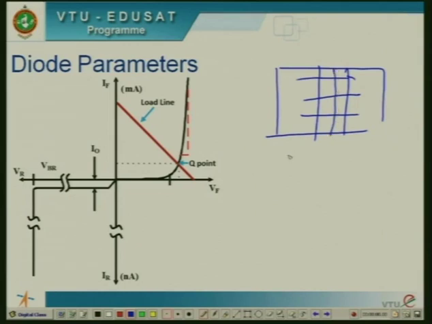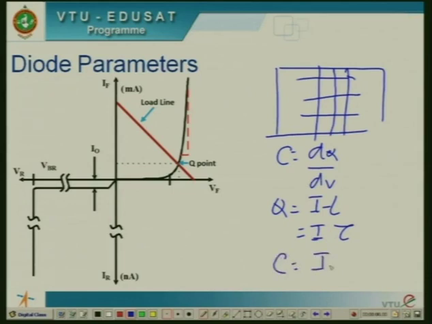This capacitance is given by C equals dQ by dV, where the charge Q is given by Q equals I into tau, where I is the diode current and tau is the mean lifetime of a charge carrier. So C is nothing but differentiating I into tau by dV.